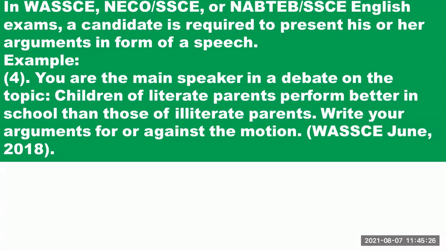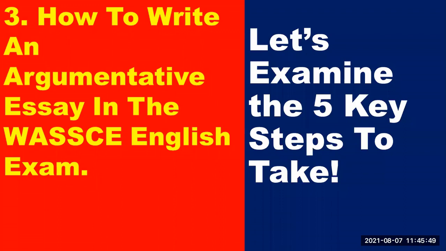One side is those who are in support of this motion, who say yes, that this statement is true. And then the other side is those who oppose this motion, who say no, it is not true. Children of literate parents do not always perform better in school than those of illiterate parents. And they have their reasons, all right? So that is exactly what it is.